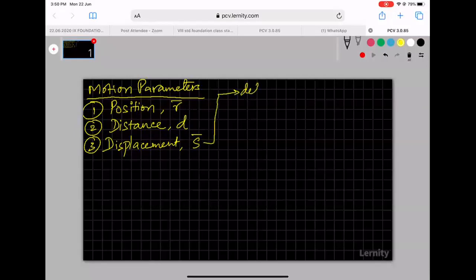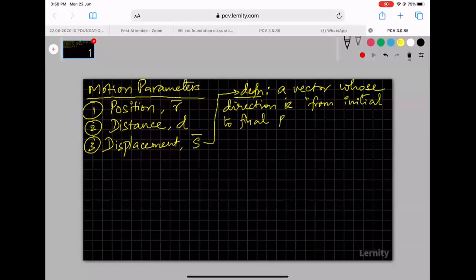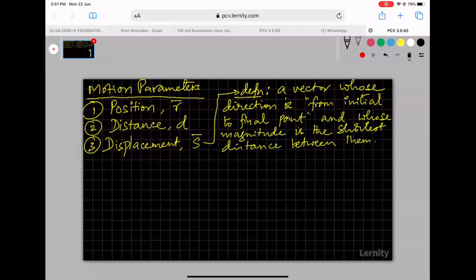The definition of displacement: it is a vector whose direction is from initial point to the final point and whose magnitude is the shortest distance between them. Between them, as in between what? Between the initial and final points.